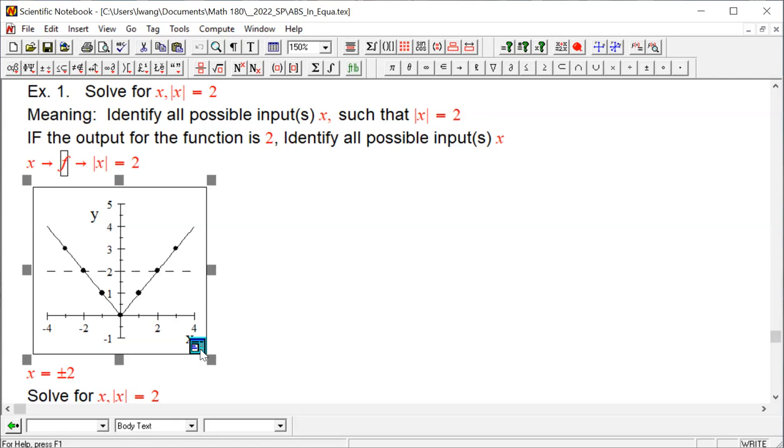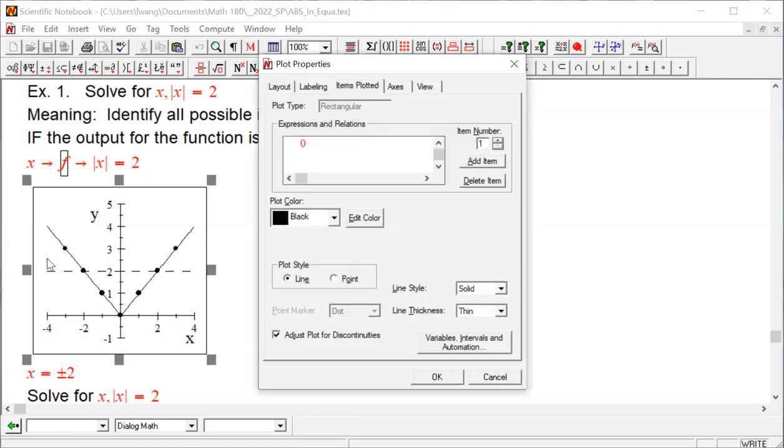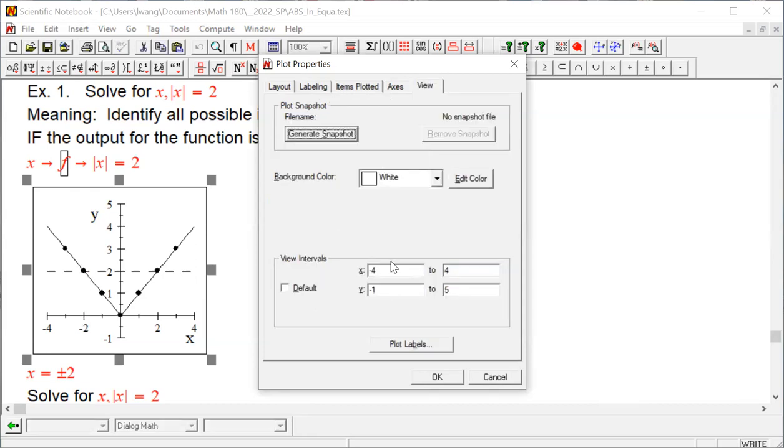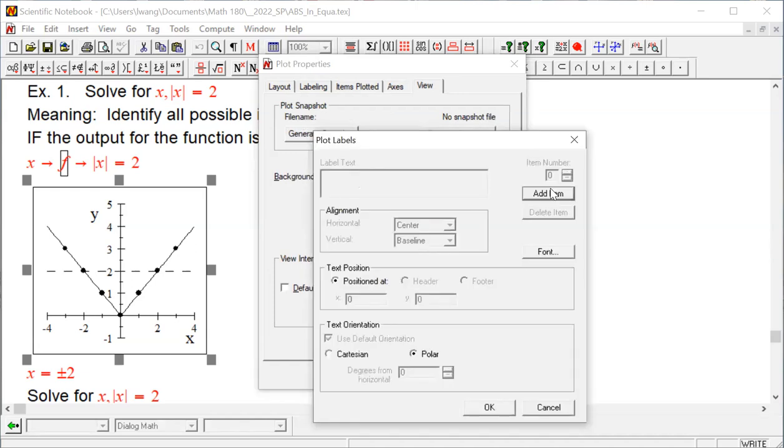There's a point here where the input is -2 and the output is 2. So I'm going to mark these 2 points for you.